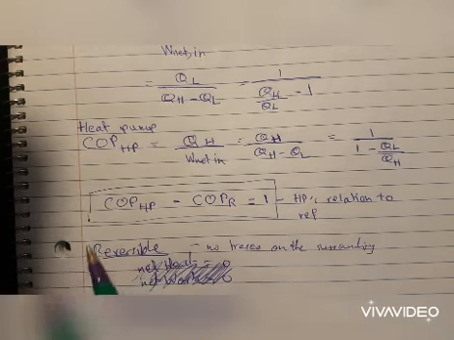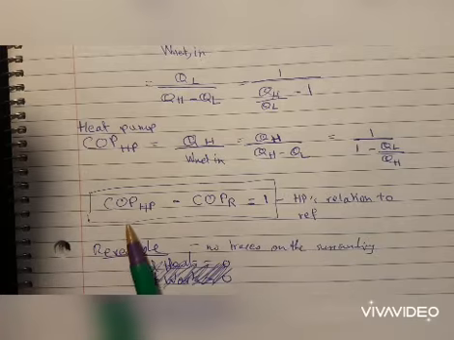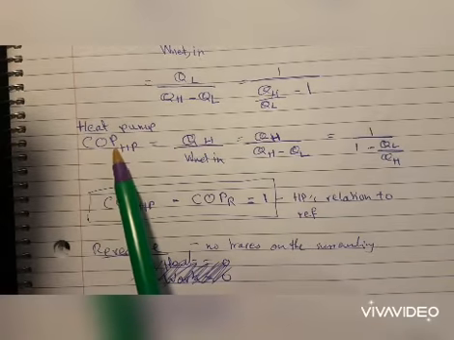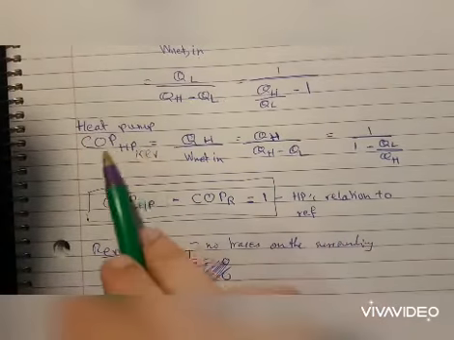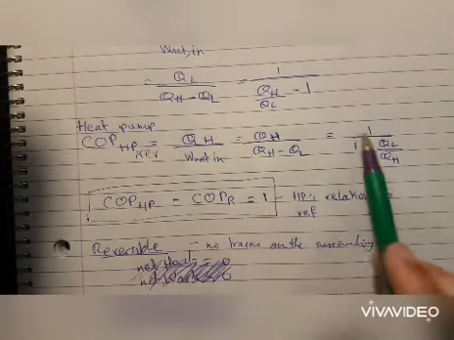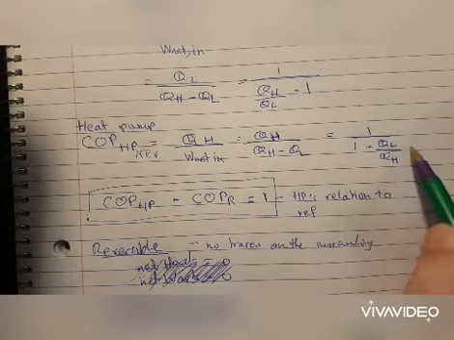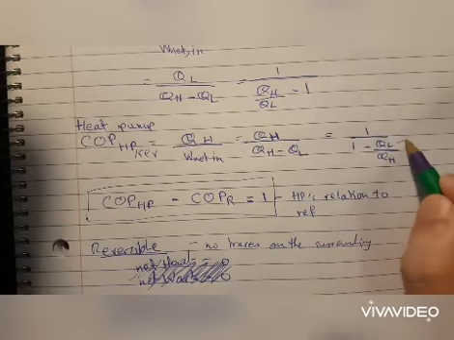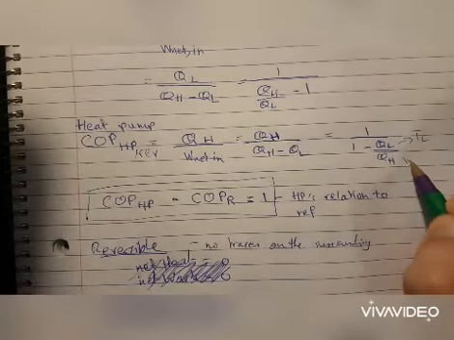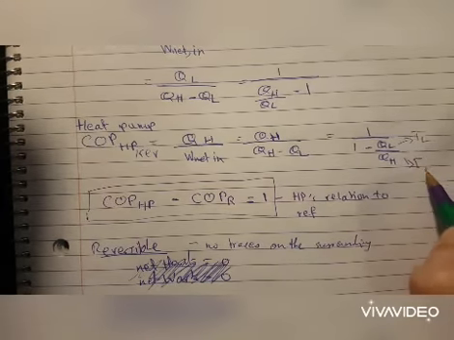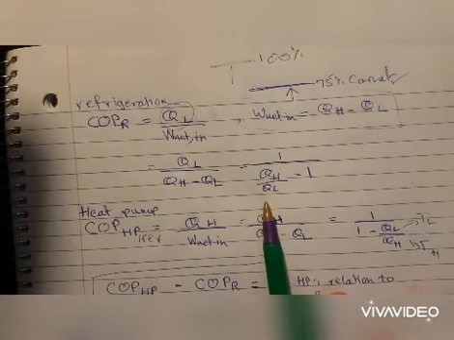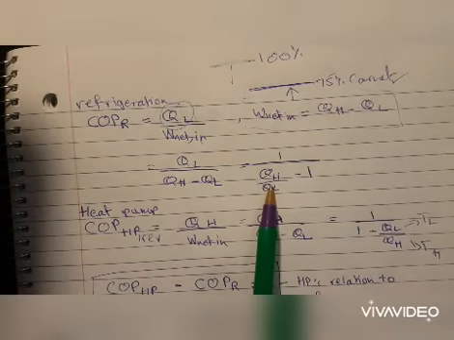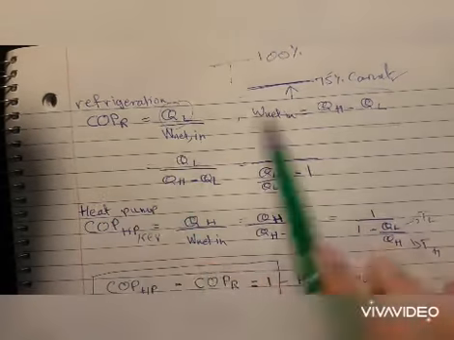That's why, if you want COP-HP reversible, the only thing you need to change in this final derivation is that this would be TL and this would be TH. Same goes for refrigeration. You need to change QH and QL to TH and TL for reversible Carnot conditions.